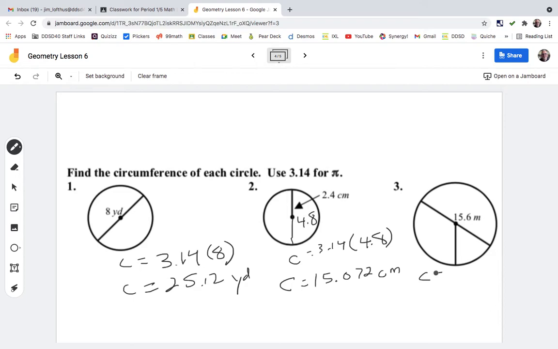I'm going to assume that this 15.6 means this right here, this diameter. 3.14 times 15.6, pi times diameter, is the circumference. 3.14 times 15.6 is 48.98, and that's in meters.